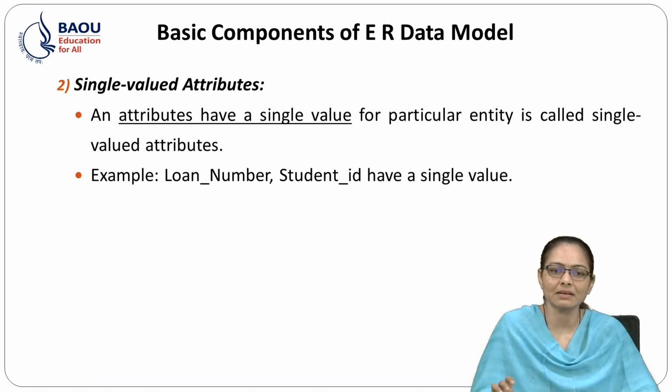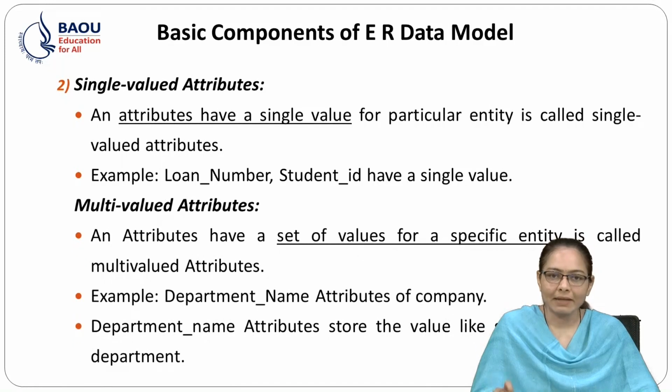For example, loan number, student ID have a single value, a unique value. So it is called the single value attributes. Student ID is not divided. Only a single value is contained in a student ID. So it is called the single value attributes.